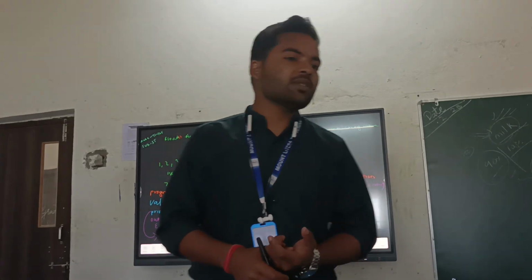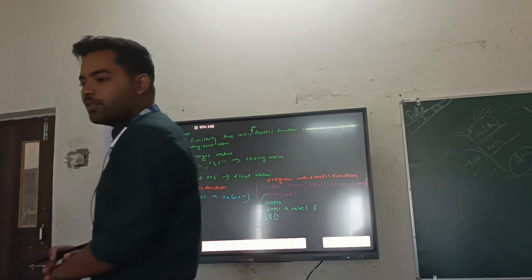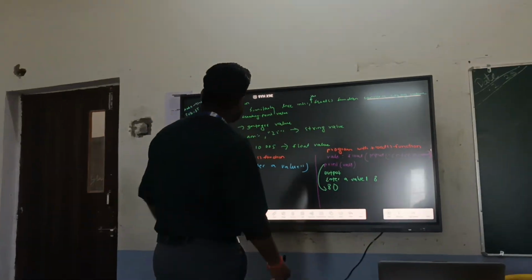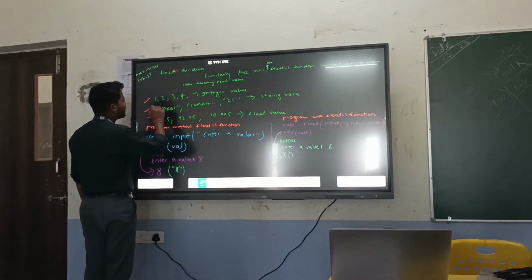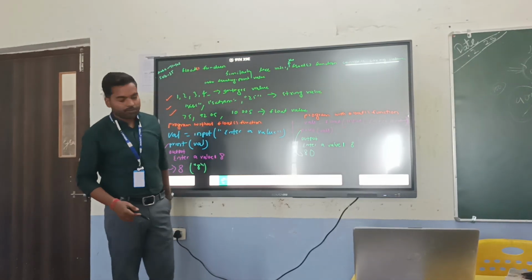If you want to enter a floating point value, then you have to convert it into float. So there are two examples. These are some examples of data types. These are examples of integer value or integer data type.